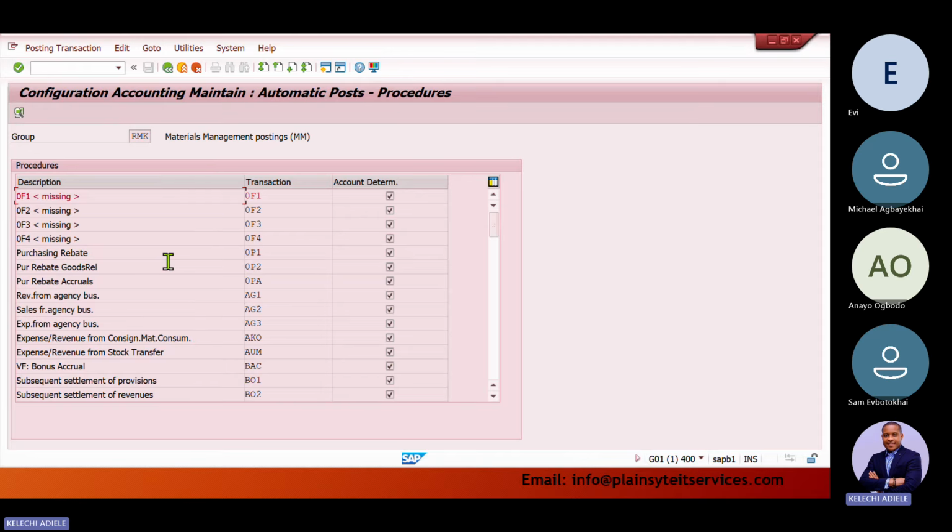And you have to map that integration point as part of your configuration and design. There's an integration point between finance and every module in SAP, whether it's quality system, HR, or sales. Every module in SAP that has financial implication has integration with finance.